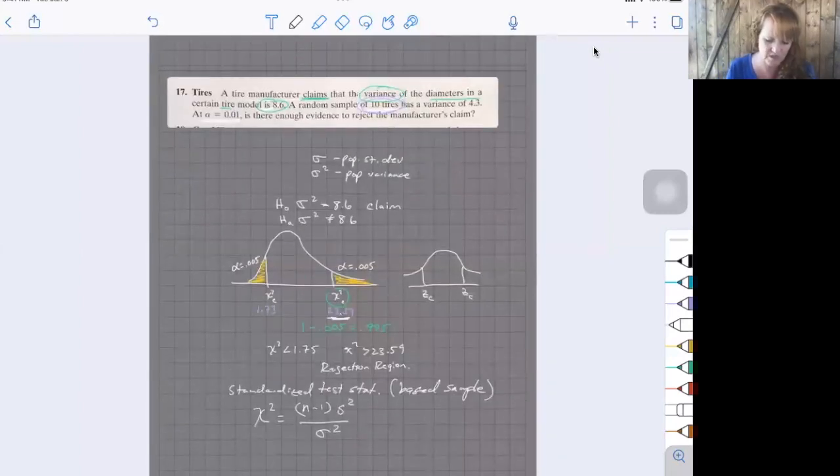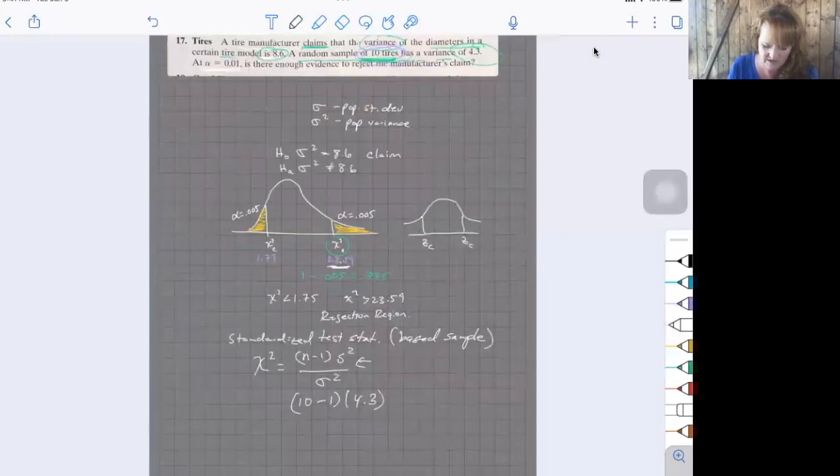My n minus 1, I know, is going to be 10 minus 1, because that's my sample size. My sample variance is the variance from this sample of 10 tires. So a random sample of 10 tires has a variance of 4.3. So that's going to be 4.3.